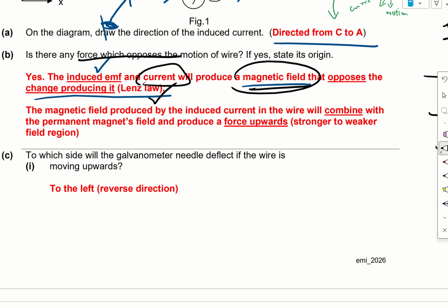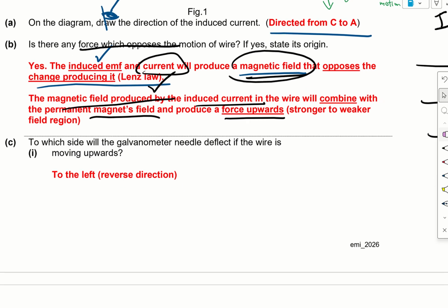Okay, so the magnetic field produced by the induced current in the wire will combine with the permanent magnetic field and produce a force upwards. At the bottom we have magnetic fields in the same direction. At the top their interaction cancels each other out, so it's from stronger to weaker field region.